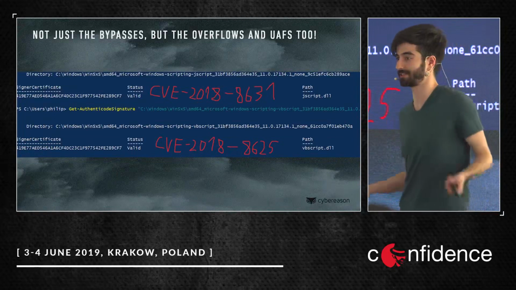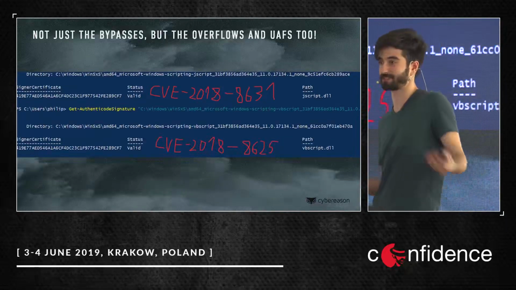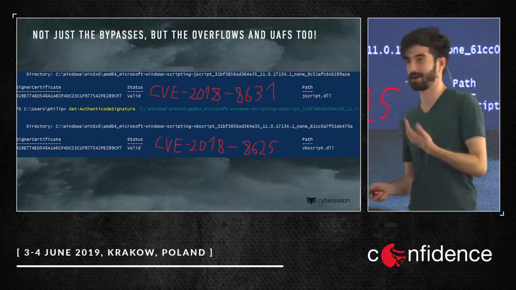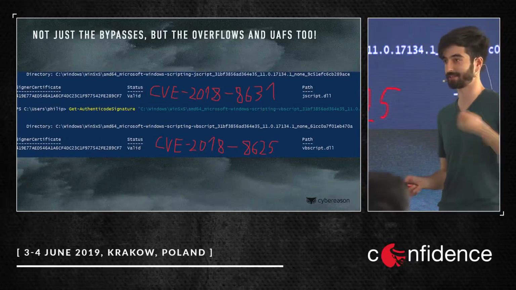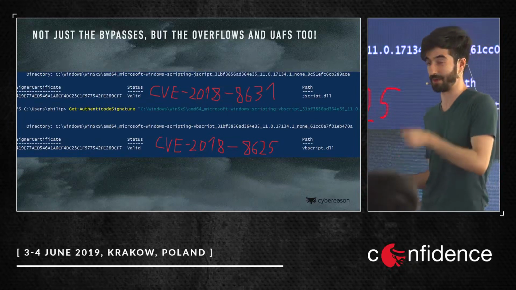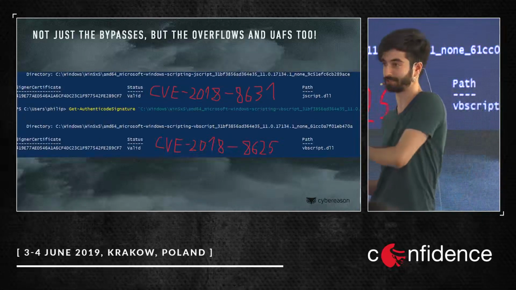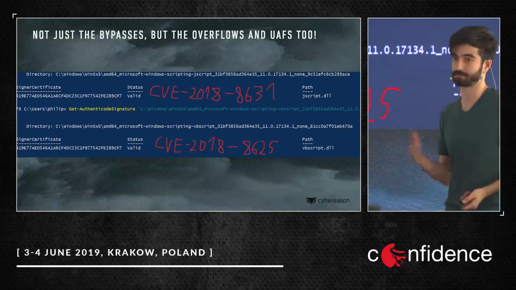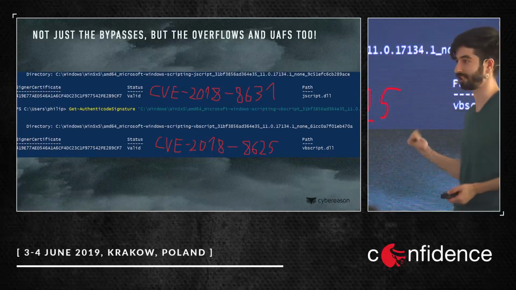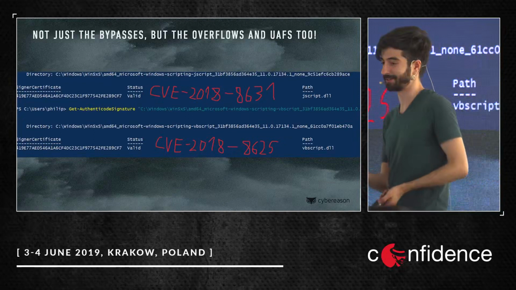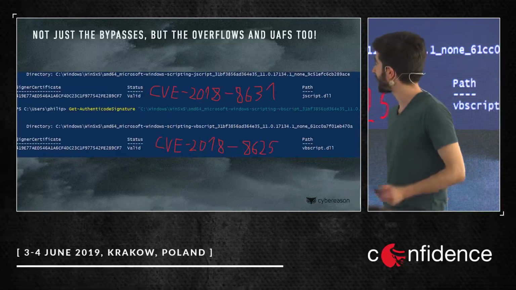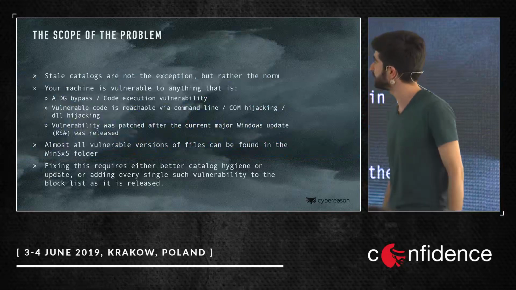I don't really care that it's not a device guard bypass per se, but it's not deployed in a browser or anything. But again, I'm in a post-exploitation scenario. I can choose to run that vulnerable code. I'm not trying to run anything in a higher privilege, so I could use these old patched RCEs as still viable device guard bypasses. And actually, the scope of this is pretty big.